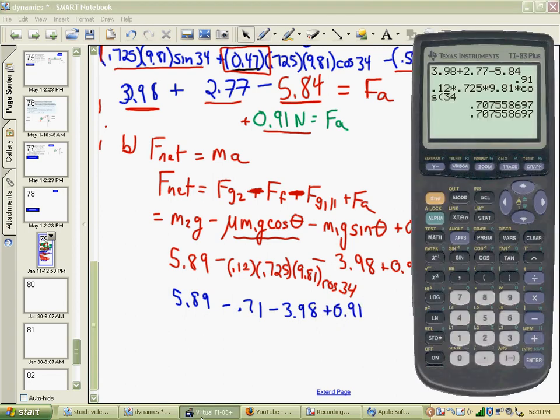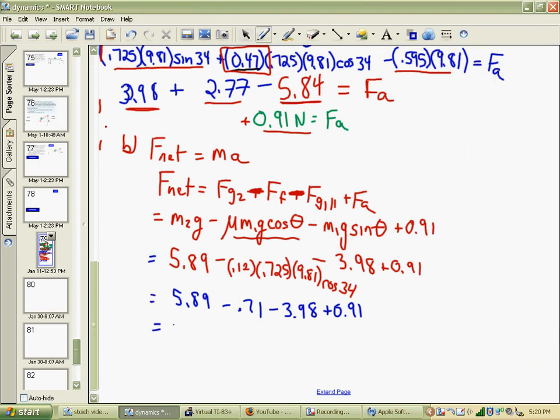So we have 5.89 minus the previous answer, subtract 3.98 and add 0.91. Our overall force is a positive 2.11. So F net is 2.11 newtons.